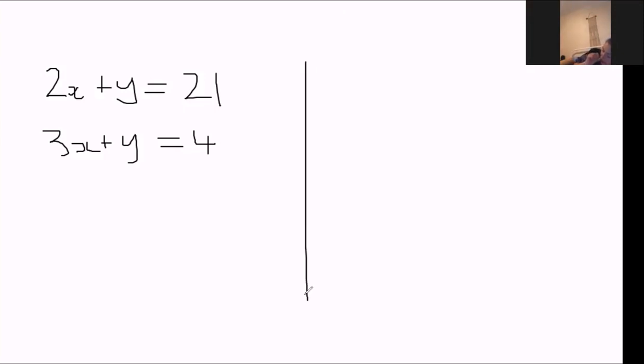Then do I plus 15 and 2x? No. So do I move the 15 to the other side? Yeah. Okay, cool. And turn it into a minus? Yeah.